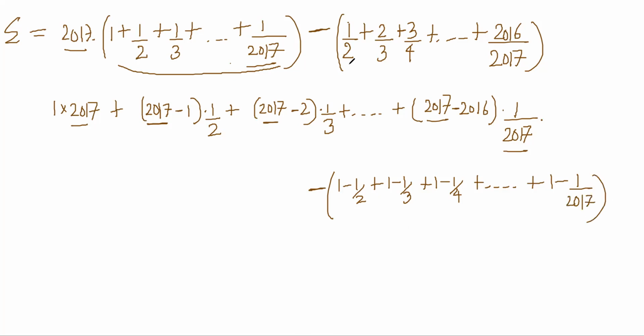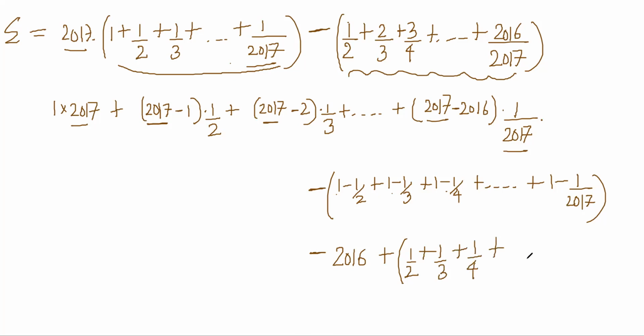So how many such terms are there? There are 2016 terms here. There are 2016 ones. So we have a minus 2016 plus 1/2 plus 1 by 3 plus 1 by 4 plus till 1 by 2017, right? So this is basically f of 2017 minus 1, right?